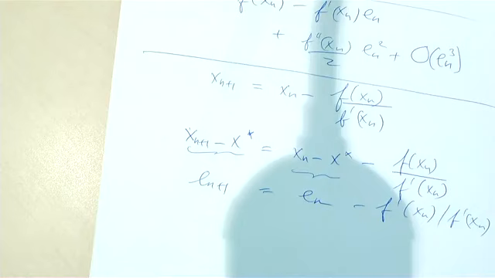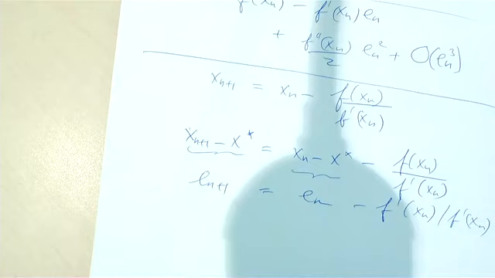And now how do I move from this step to this step? How do I move from here to here? From the second to the third line. So you agree that I can move from here to here, right?